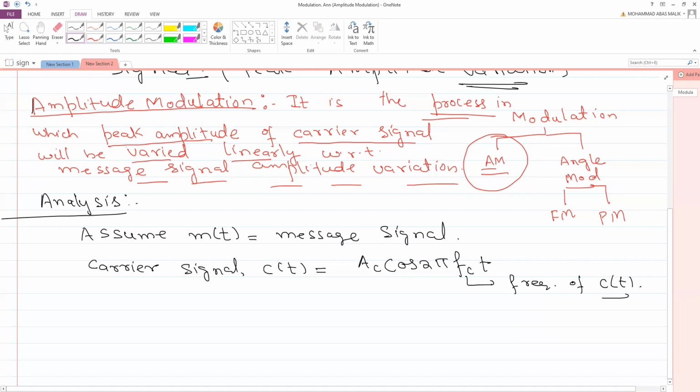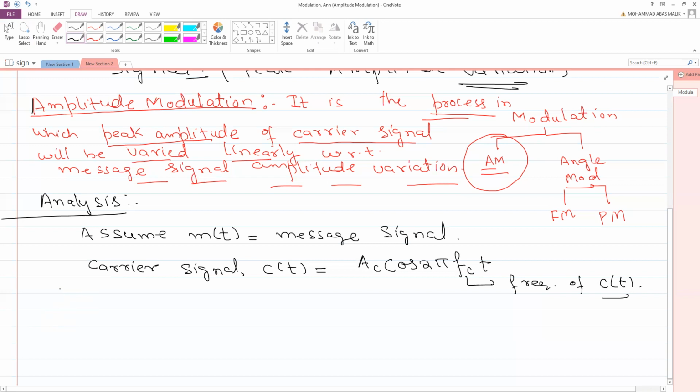Now you will write the general expression, that is s_AM(t), the general expression for the AM wave.